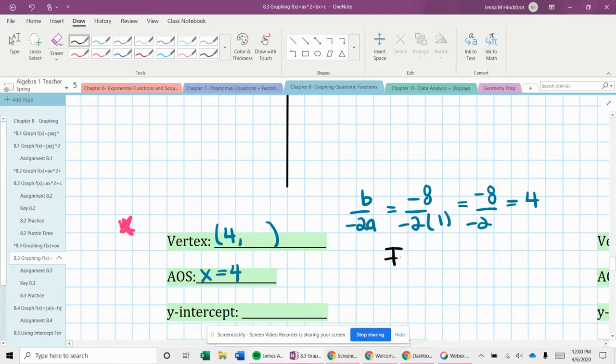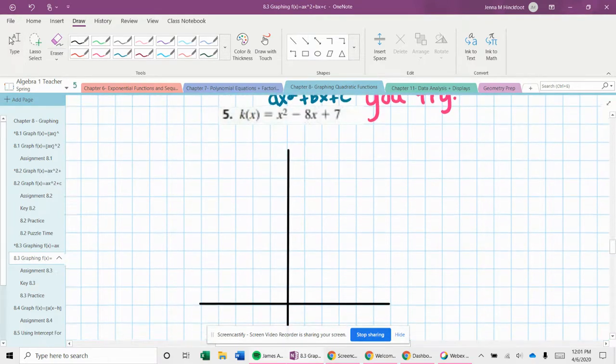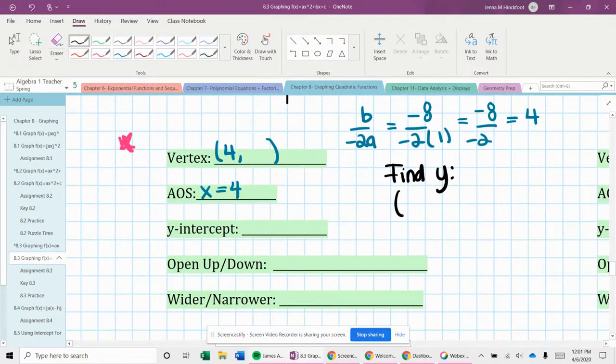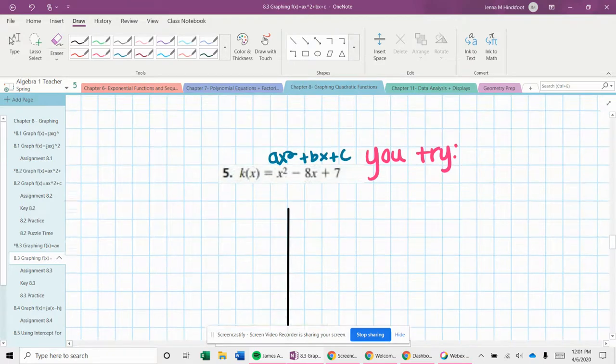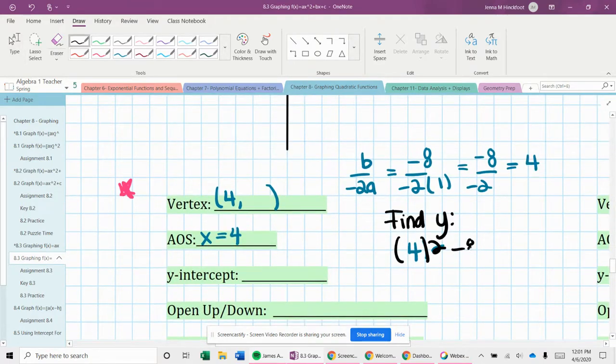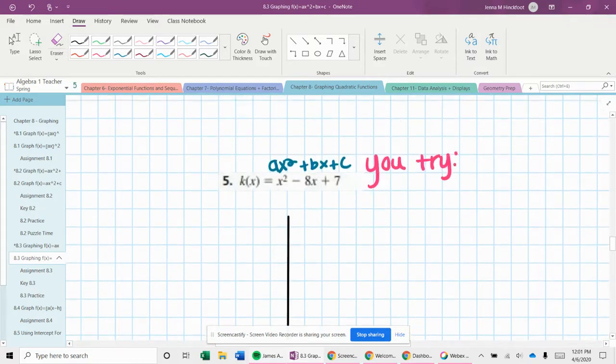Now we're going to find y. So x squared is 4 squared, minus 8 times our x of 4, plus 7.